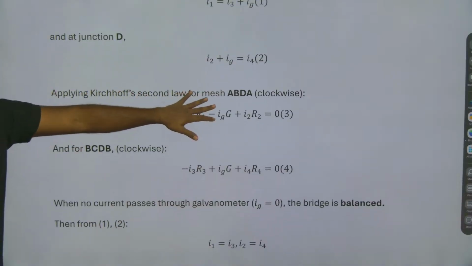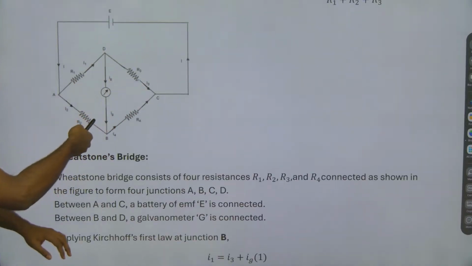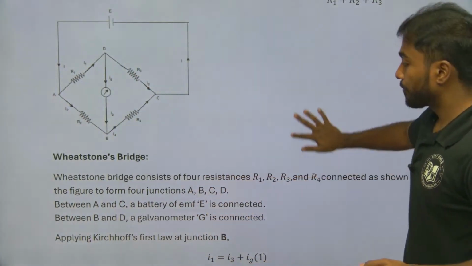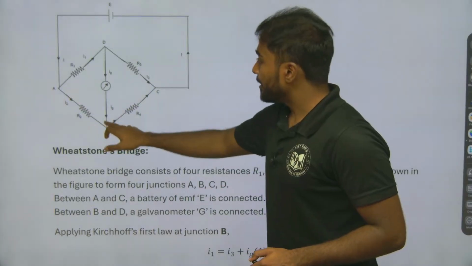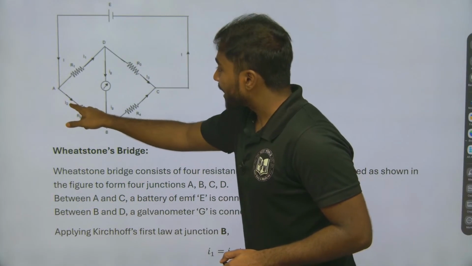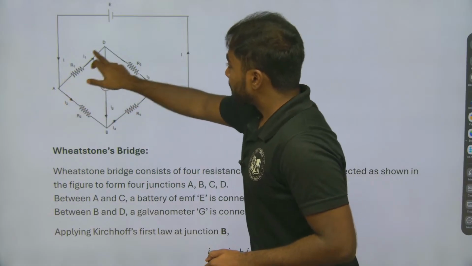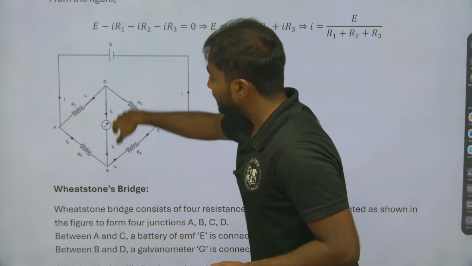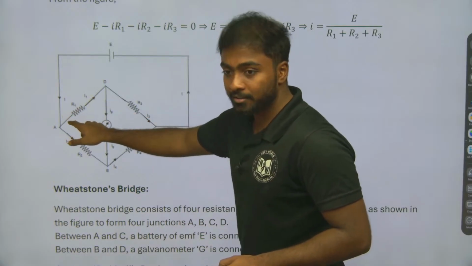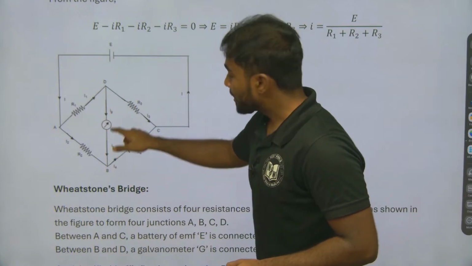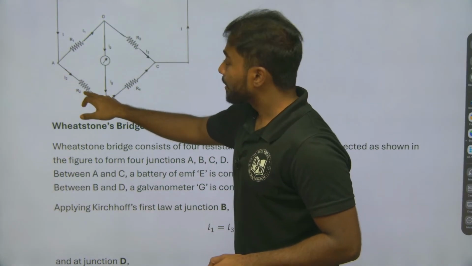Now applying Kirchhoff's second law for the loop A, B, D, A. In the clockwise direction, we should consider the sign also. Going this way, we get minus I1 R1, and minus Ig G. When I go in the opposite direction, it will be plus I2 R2.